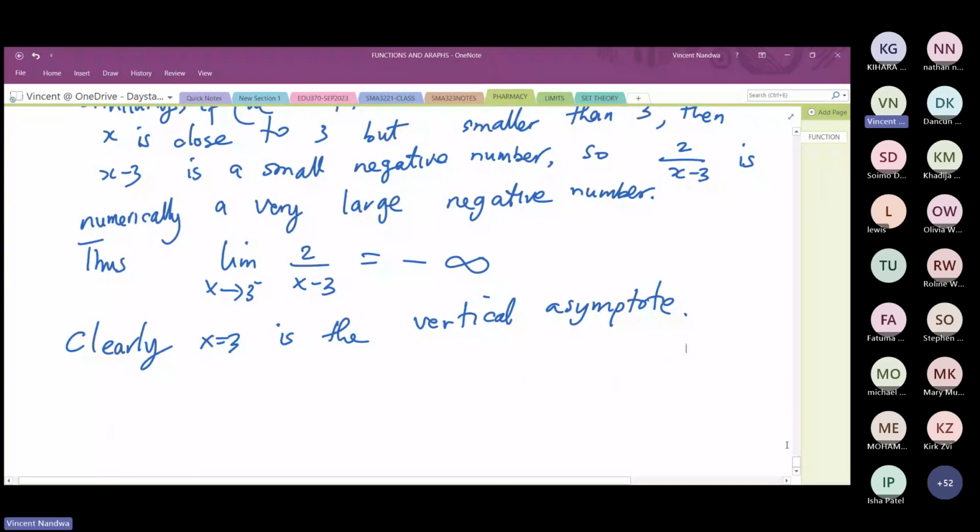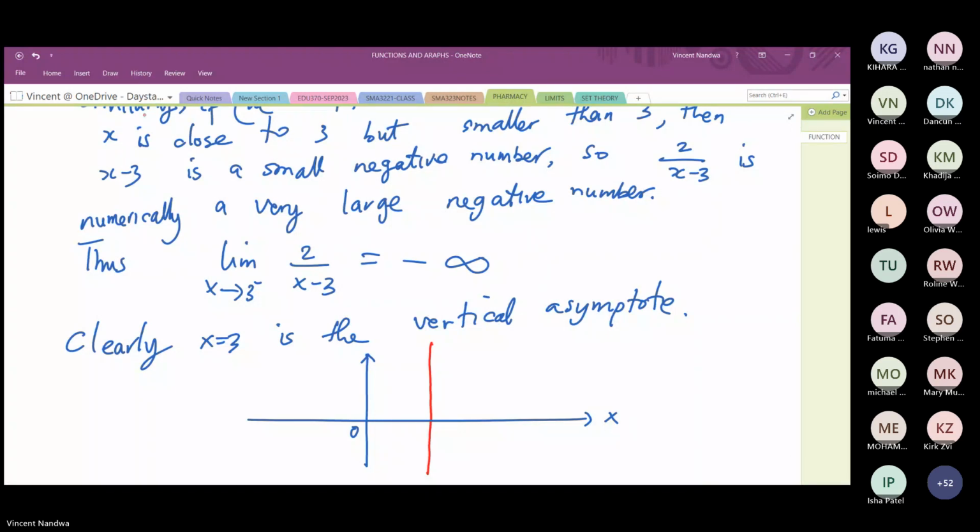If you were to sketch this, you'll get such a graph. So this is the line x equals 3.